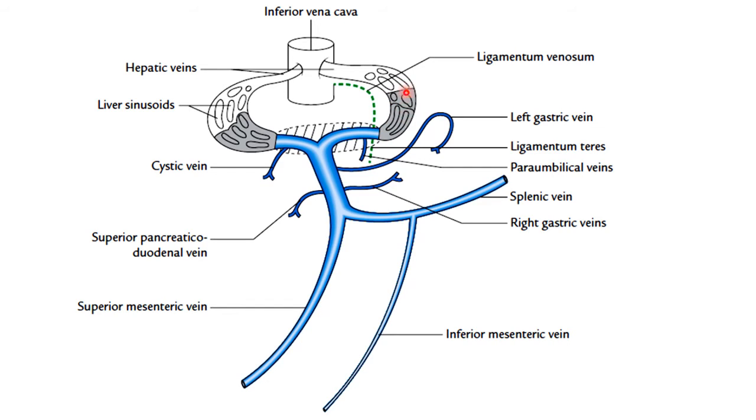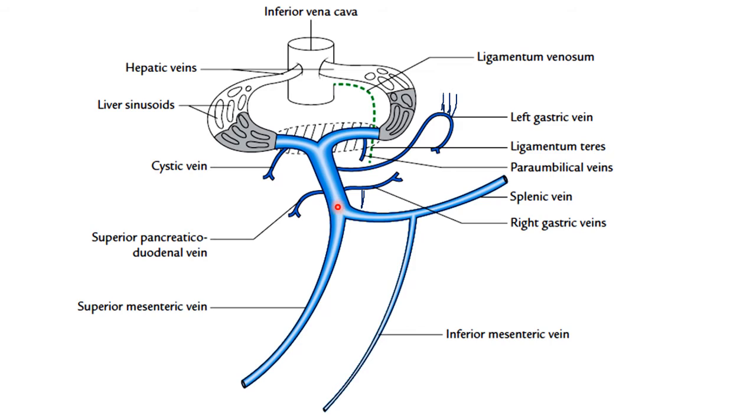Here the portal venous blood mixes with the hepatic arterial blood and is separated from the liver cells by a single layer of phagocytic and fenestrated epithelium. From the hepatic sinusoids, the blood is drained through the hepatic veins into the inferior vena cava.